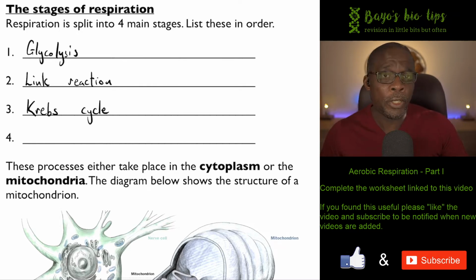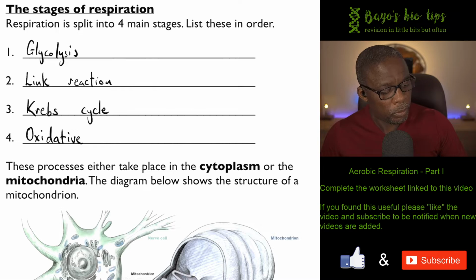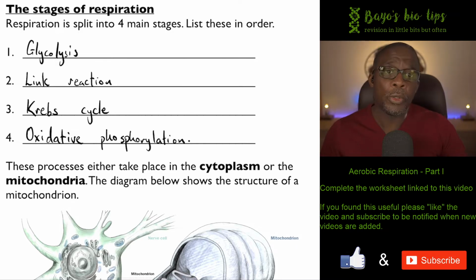And then finally, you've got oxidative phosphorylation. So those are the 4 main stages in aerobic respiration.